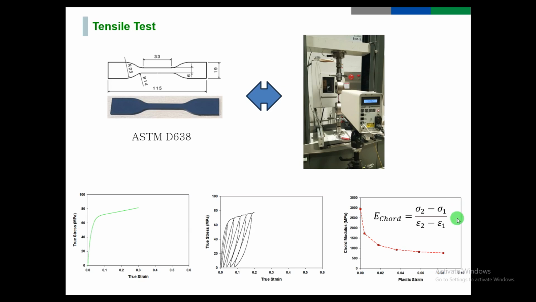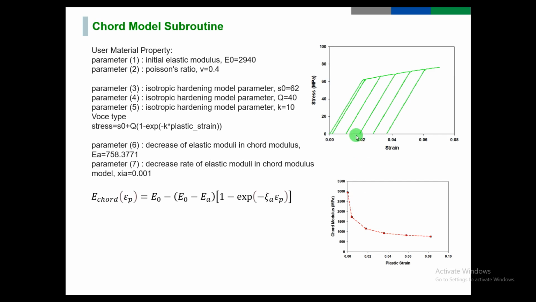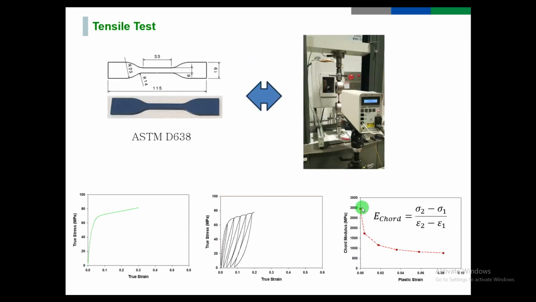So using this equation we define this point. As you know, the first point is our initial elastic modulus, so we define it here, and then for defining this point, we consider sigma 2 epsilon 2 and sigma 1 epsilon 1, and find this point.